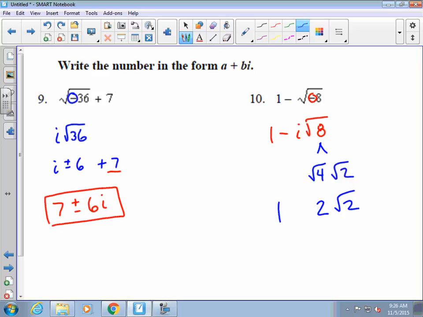So we have 1 minus that. But again, it's both positive and negative. So to make this standard form A plus BI, we could simply write 1 plus or minus, don't forget the I, I forgot to bring it down right here, plus or minus 2I times the square root of 2.